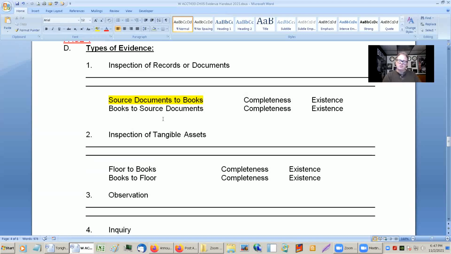So I go look at the bill, I go look and see what was shipped. And now I go and see if I can find that in the books, in the general ledger, in our accounting stuff. Which one do you think it is, completeness or existence?